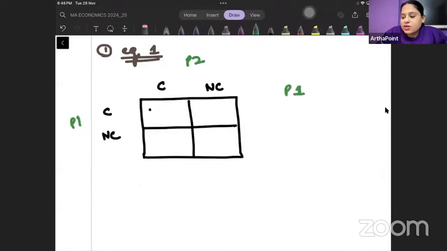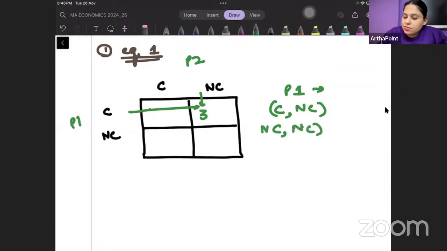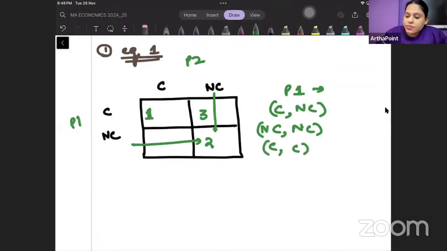For player 1, the first best option is when he commits to the crime and the other doesn't commit to the crime. So let me give this as 3 first. Then the second best is when both don't commit to crime, so I am giving this as 2. The third best is when both commit to crime, so I'm giving this 1.